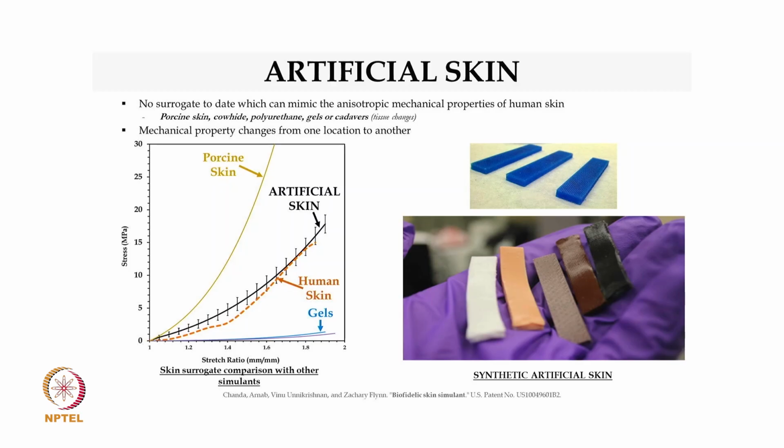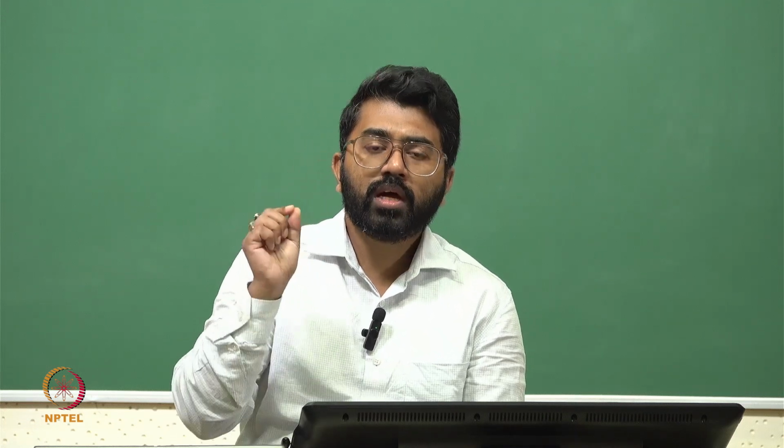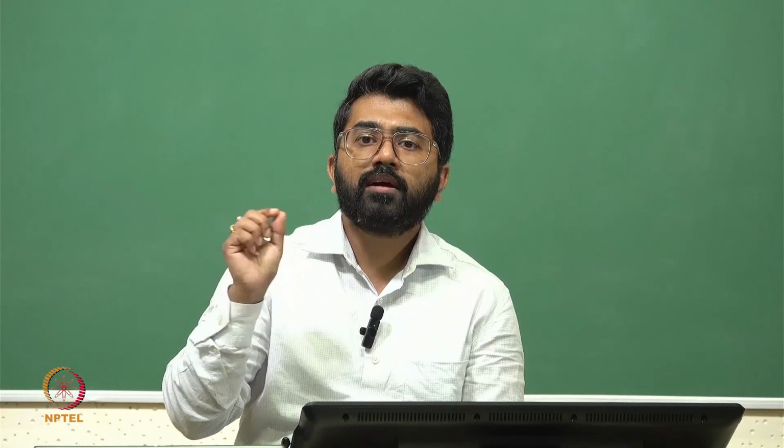So on the right side, we can look at some of these final products of skin simulants. It typically comes in any color, whatever you mix, with a silicone composition, which we call a polymeric or silicone based composition. So the blue color is due to a dye. You can have other colors. The key point here is the mechanical composition.